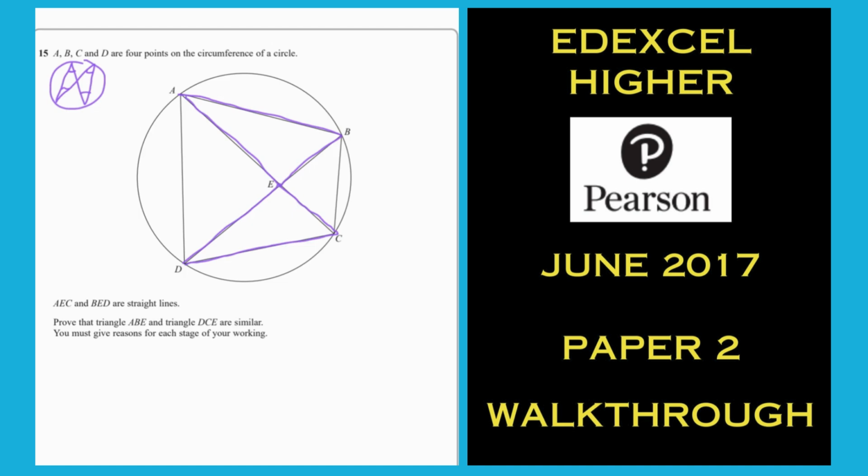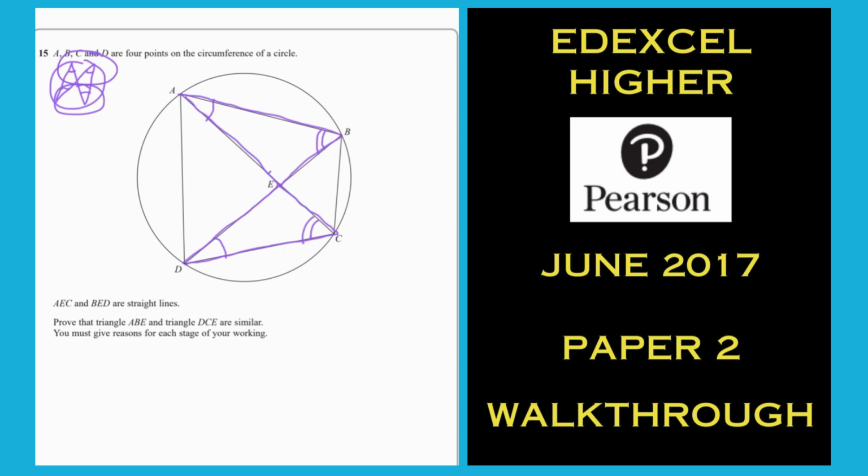So you should argue that BAE, so this angle there, and that angle there, they are equal because they are angles in the same segment, just like ABE and ECD. If you just mirror image that, they're the same segment. So for the same reason, those angles on the right-hand side are equal.